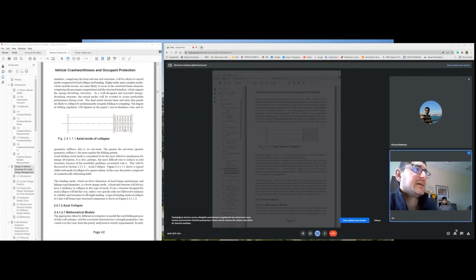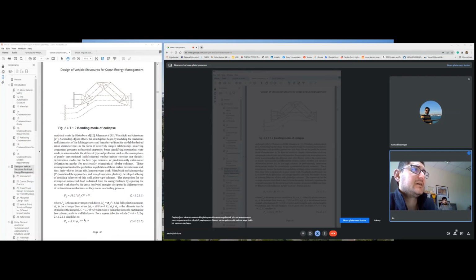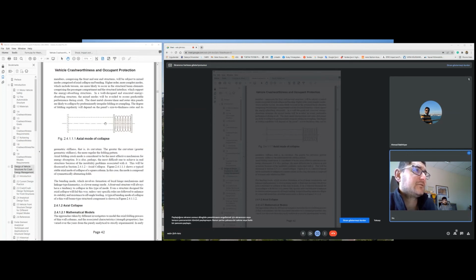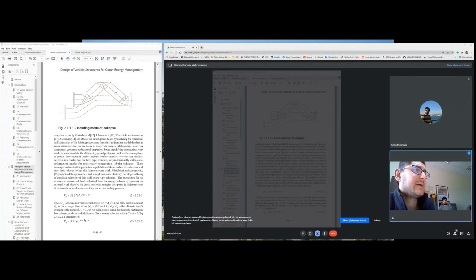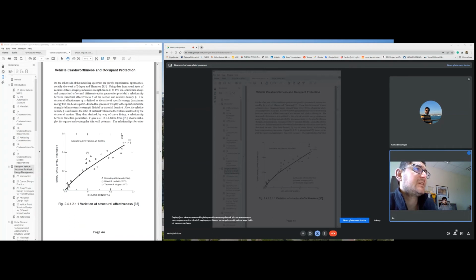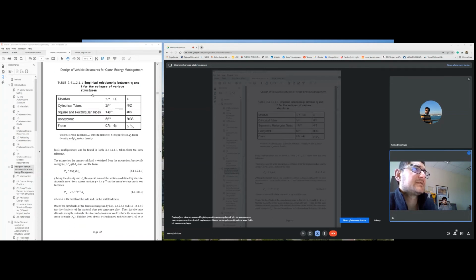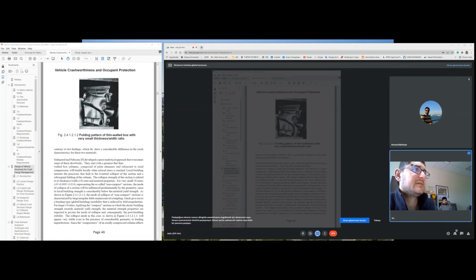Axial collapse, hinge formation, and the mathematical model. This is also bending. This one is hinge formation, this one bending and hinge. The equations of it, some empirical relationships and formulas describing it. When the sheet metal is thinner, the buckling is not smooth.